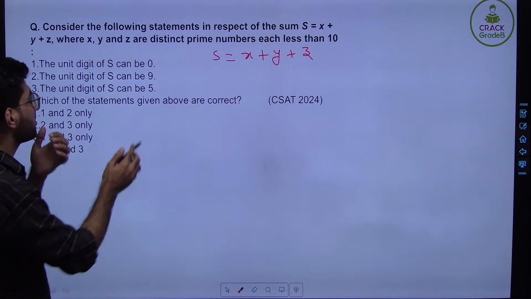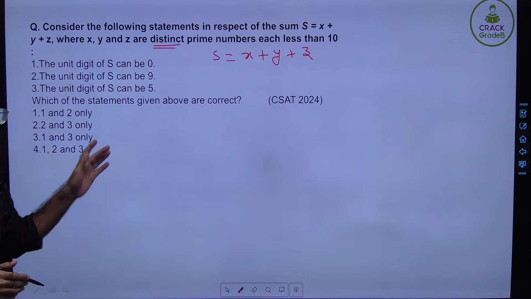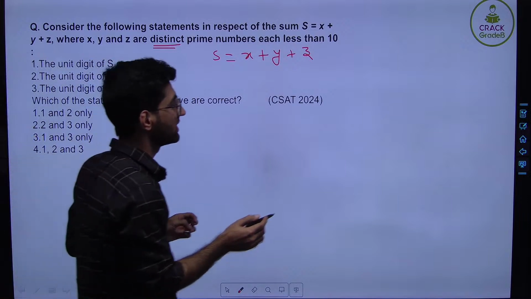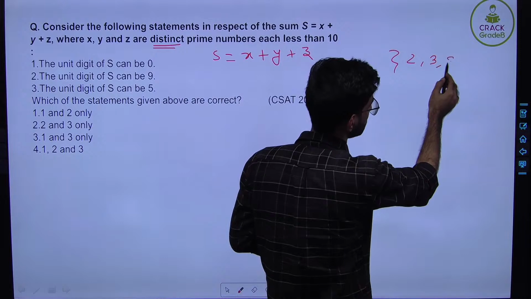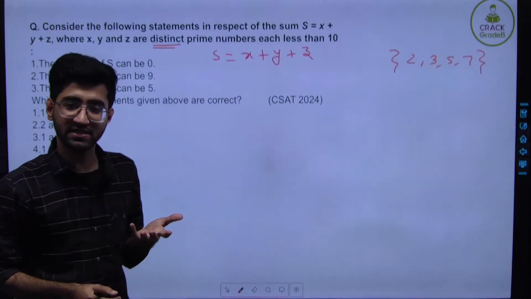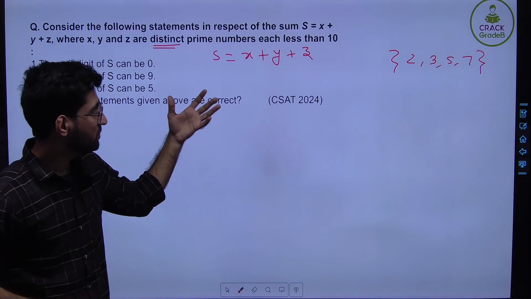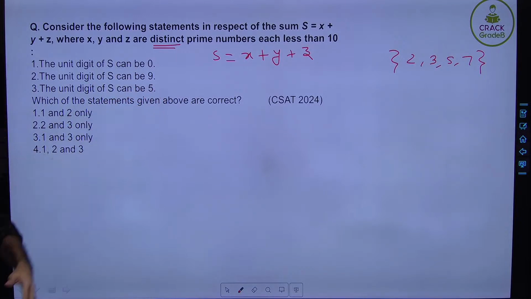Okay, we will come to the word distinct later, but if it has been given that x, y and z are prime numbers, each less than 10, it is obvious that the possible values of x, y and z are 2, 3, 5 and 7. It has been very clearly mentioned that each prime number is less than 10, right? So the possible values for x, y and z are 2, 3, 5 and 7.